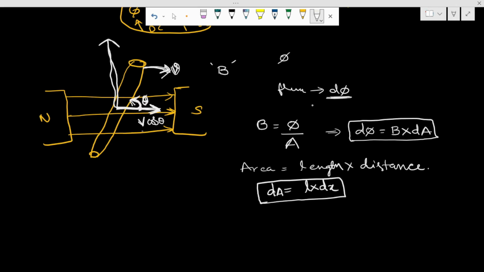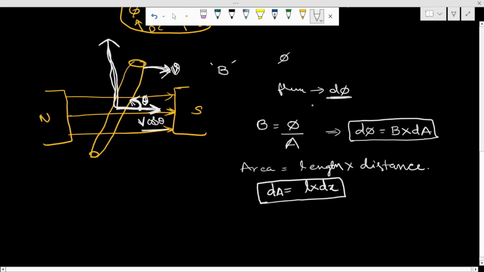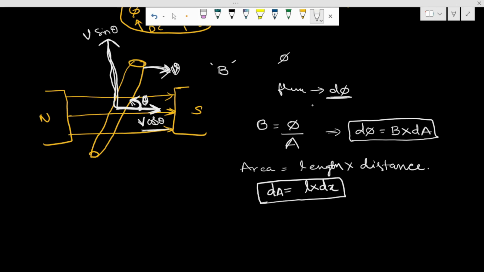V cos theta is parallel to the flux lines, and perpendicular to the flux lines we take V sin theta. This is how we are resolving the velocity into two parts, parallel and perpendicular. Parallel to the flux lines, we cannot produce the EMF, as there is no relative motion between the flux lines and the conductor.